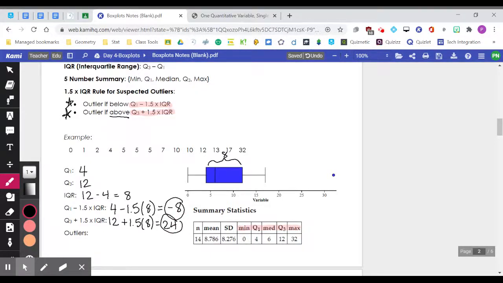So if you had 25 and up, those would be considered outliers. So I do, in fact, have a 32. That is most definitely above a 24, which is why this is my outlier. So then we can put 24, oh, I'm sorry, not 24. We can put 32 as our outlier.